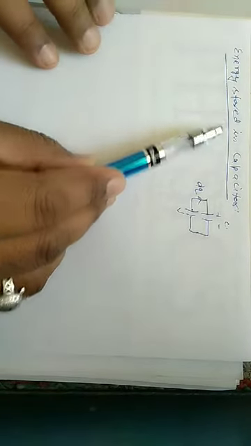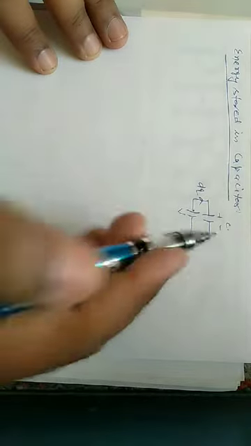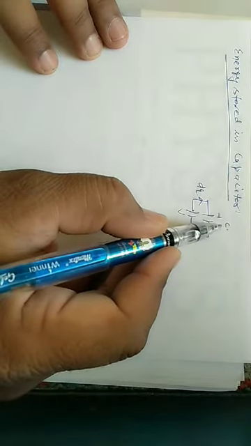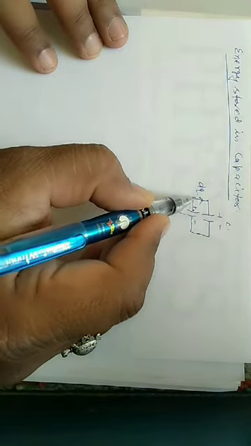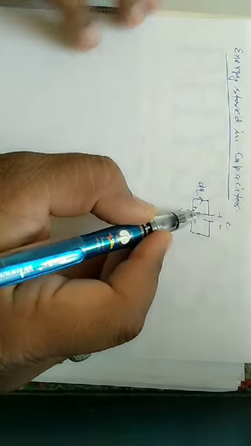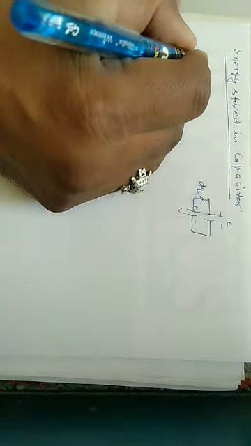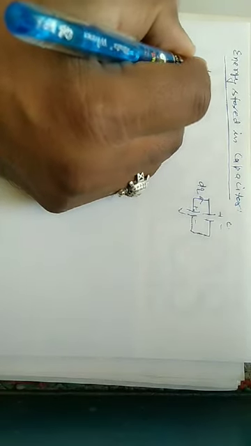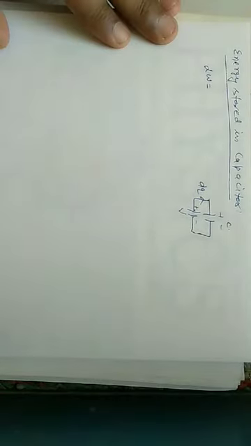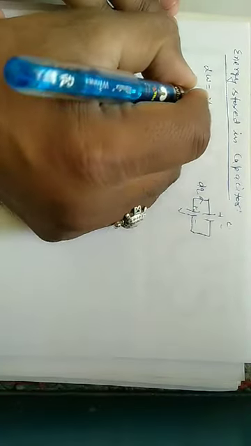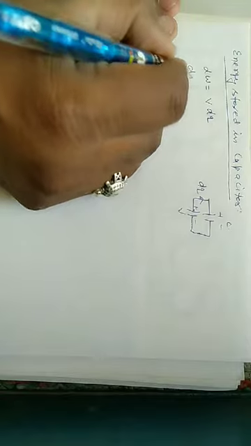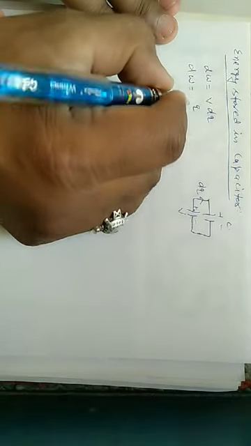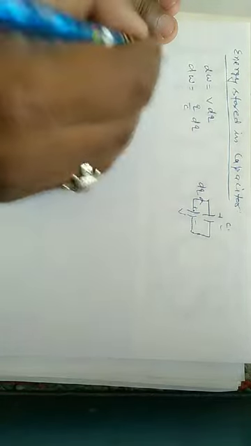Now topic is energy stored in a capacitor. A capacitor of capacitance C is attached with a battery of potential V. Let dq be a small charge passing through the battery. Therefore, small work done dW. Now dW is equal to potential into charge, dq. Now we know V is equal to Q by C, into dq.